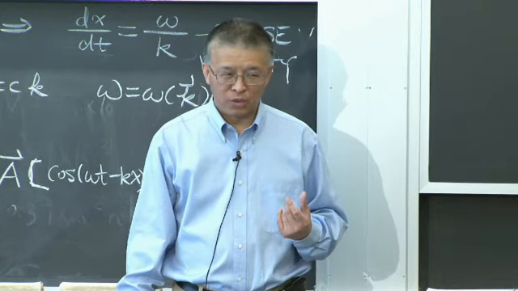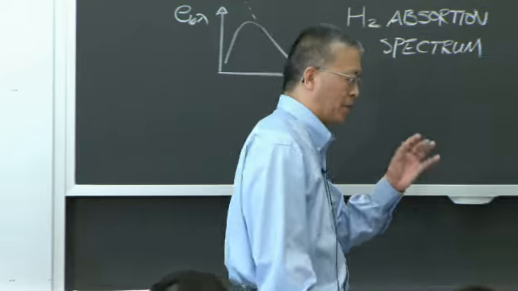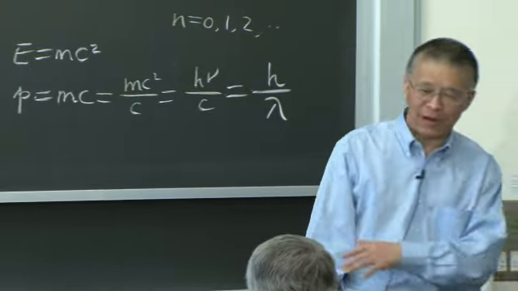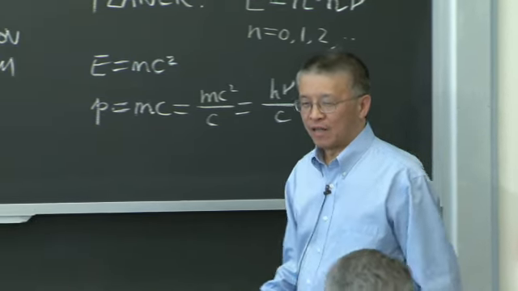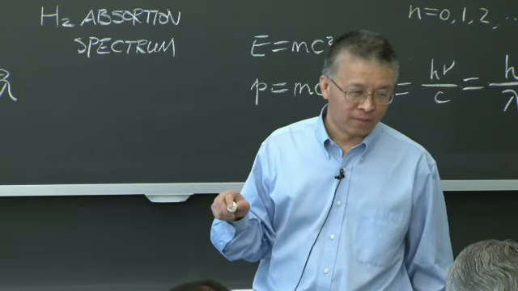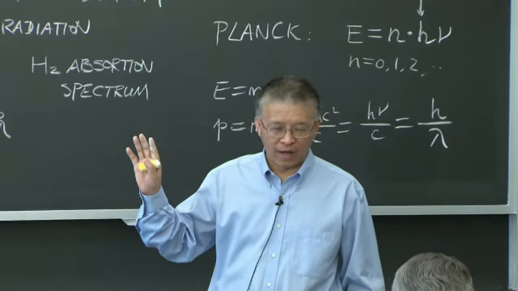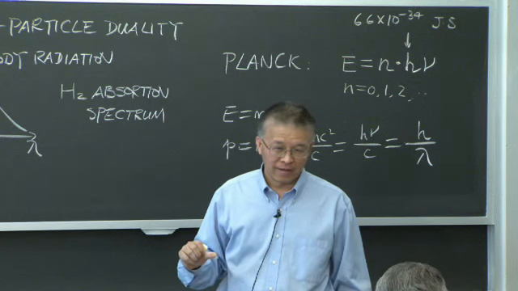So with that, he argued that light is a particle. This is a granular wave. It has both wave and particle character, right? And in fact, if you go to read Einstein's papers in 1905, he published 4 papers. One is on relativity.